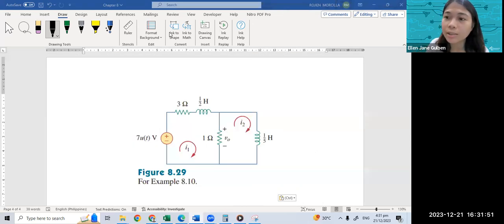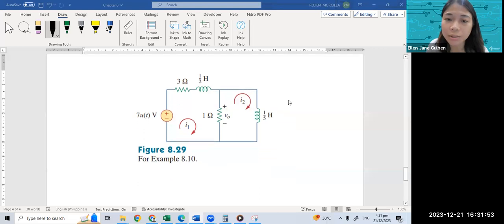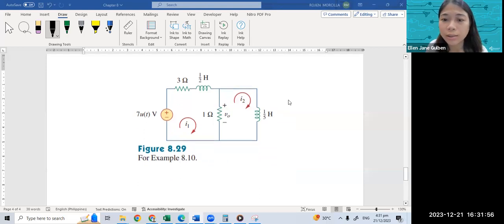Okay, so another example class will be this one, no? It's a non-series, non-parallel dual inductor circuit. So this, you will also get a second order differential equation. Okay, so in the book, this is an example in the book, no?